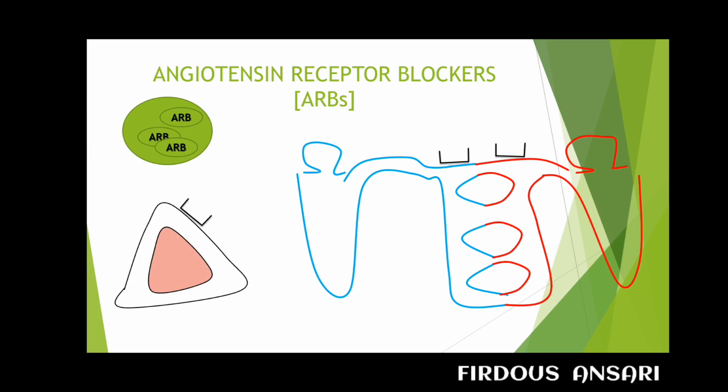These drugs will bind with the receptor and cause blockage. So angiotensin 2 is available, but it cannot approach the receptor, because ARBs are already sitting over there. This is the mechanism of action of the angiotensin receptor blockers. They will sit on the receptor and block it, so that angiotensin 2 fails to interact with these receptors.